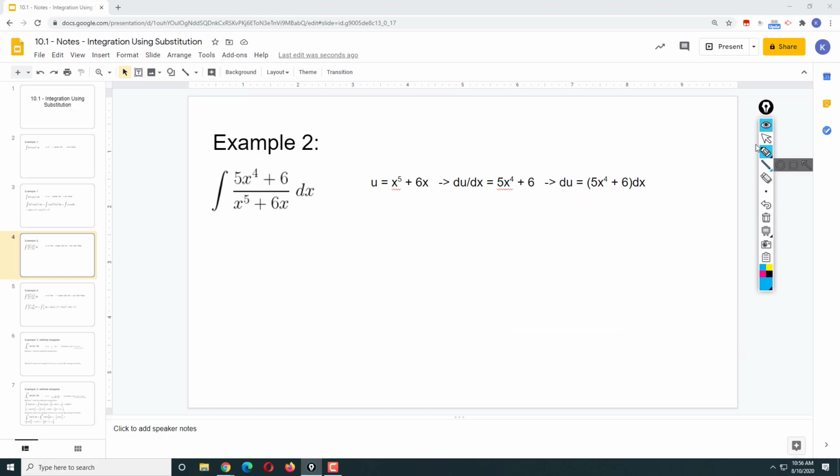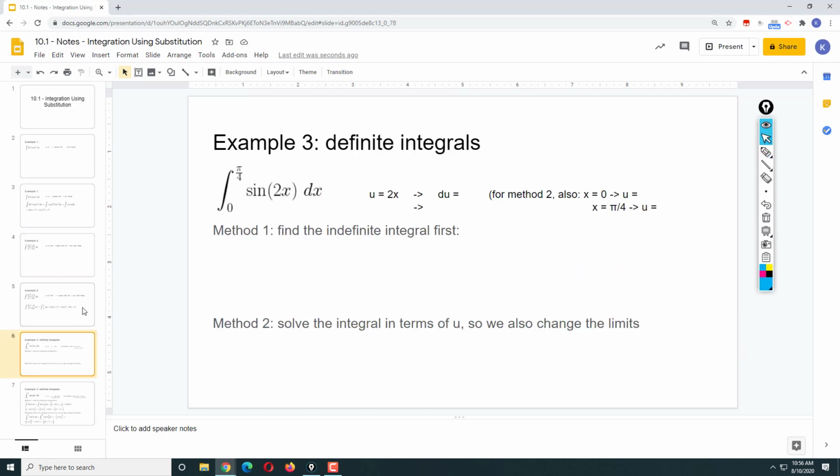One more example. This time we have a definite integral, example 3. We're integrating sine of 2x dx from 0 to pi over 4. The first method is to just do the indefinite integral first, so we're going to ignore the limits of integration.